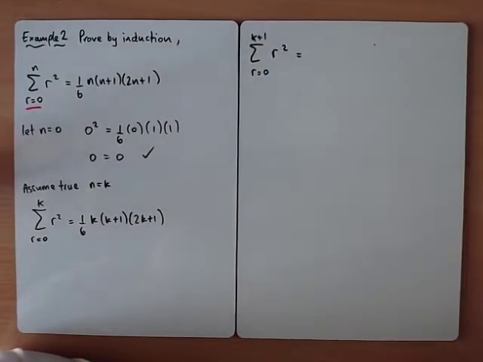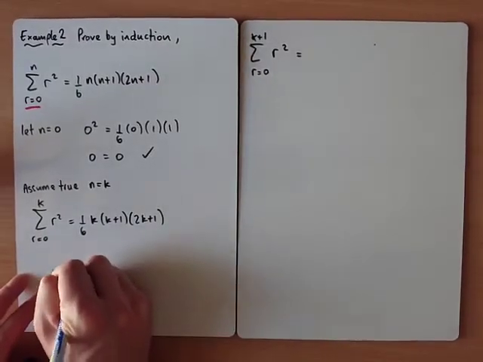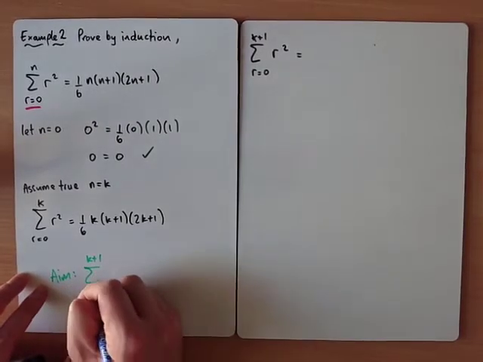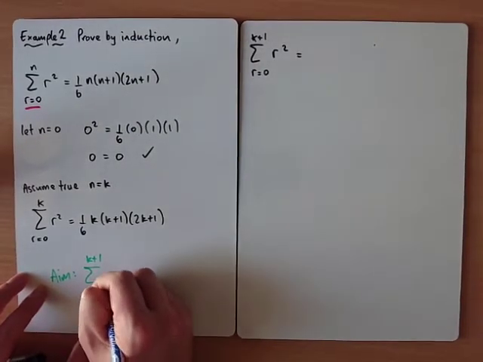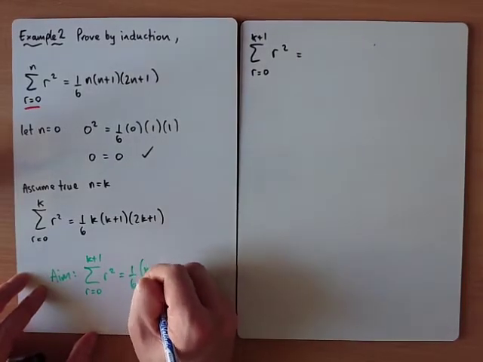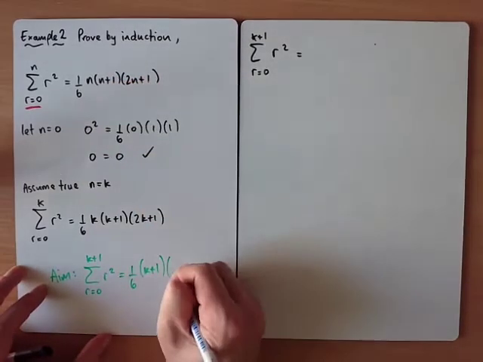Again, it's a nice idea to write the aim, what you're aiming for, so you know. Sum of k plus 1 would be 1/6 k plus 1, k plus 2.